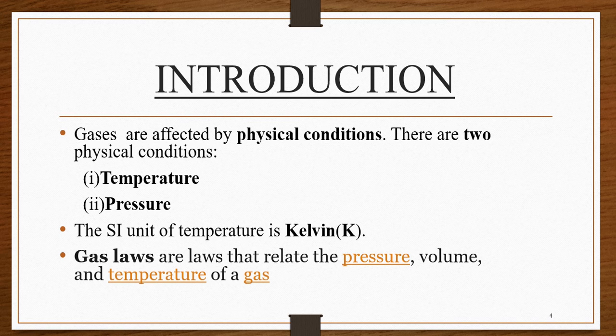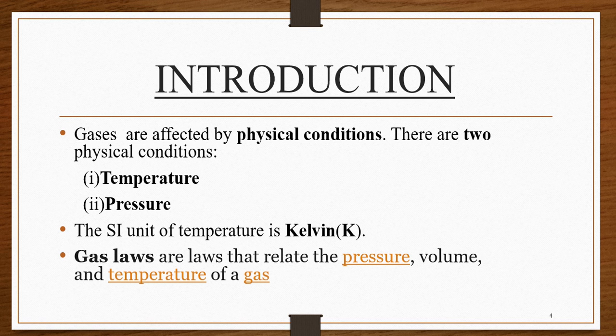And as part of our introduction, gases are affected by physical conditions. We know very well that there are 3 states of matter. There are solids, liquids, and gases. But when it comes to gases, they are affected by physical conditions.